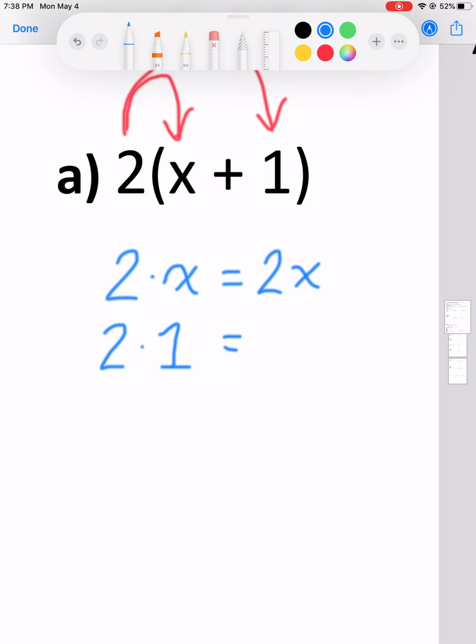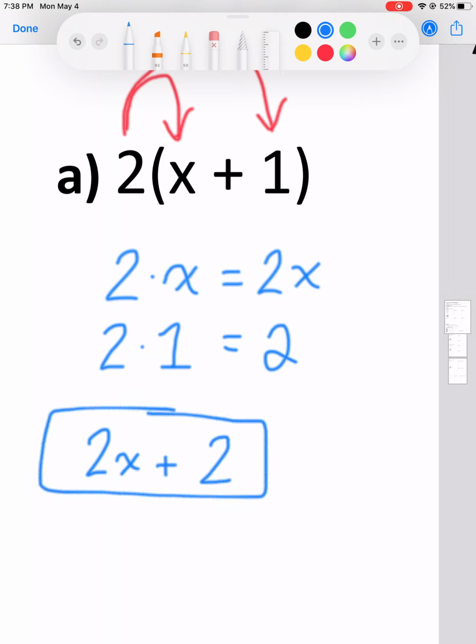What's 2 times 1? Well, it's just 2. So what's my final answer? It's going to be 2x plus 2. So remember, there's no sign here, so we know it's a positive. Okay. And that's all it is.